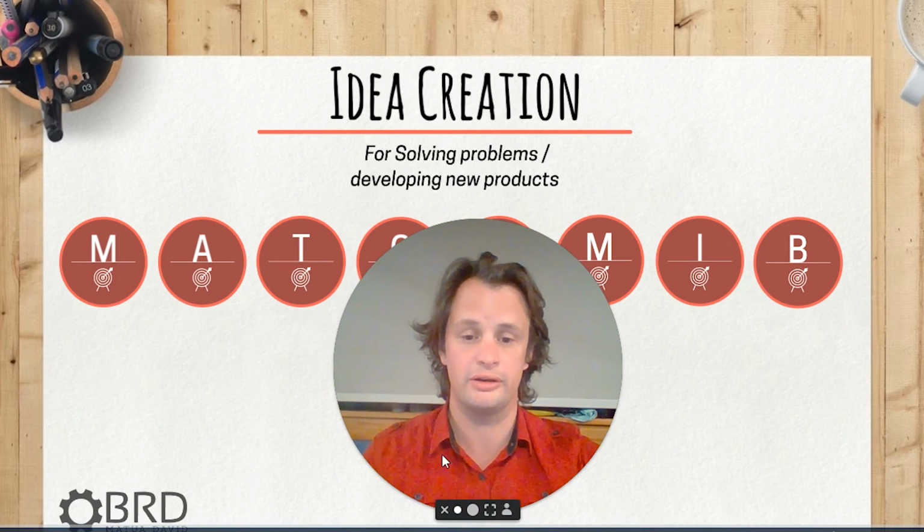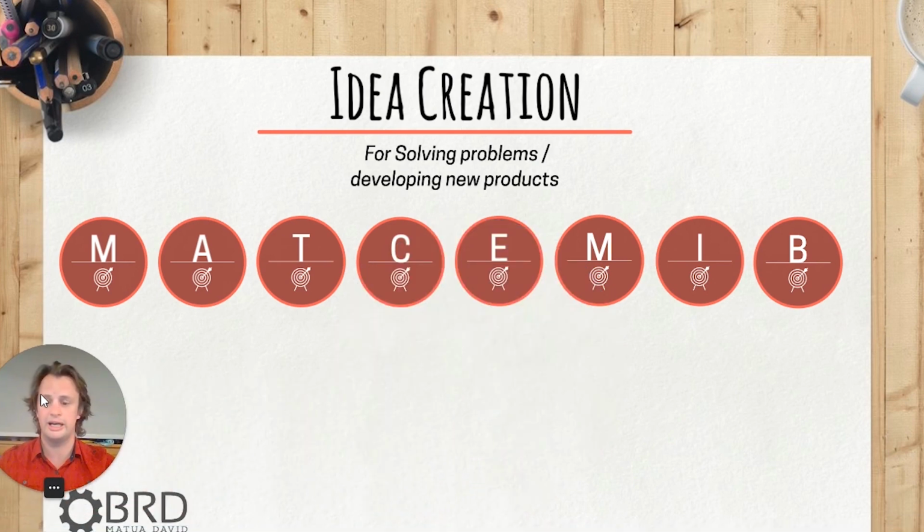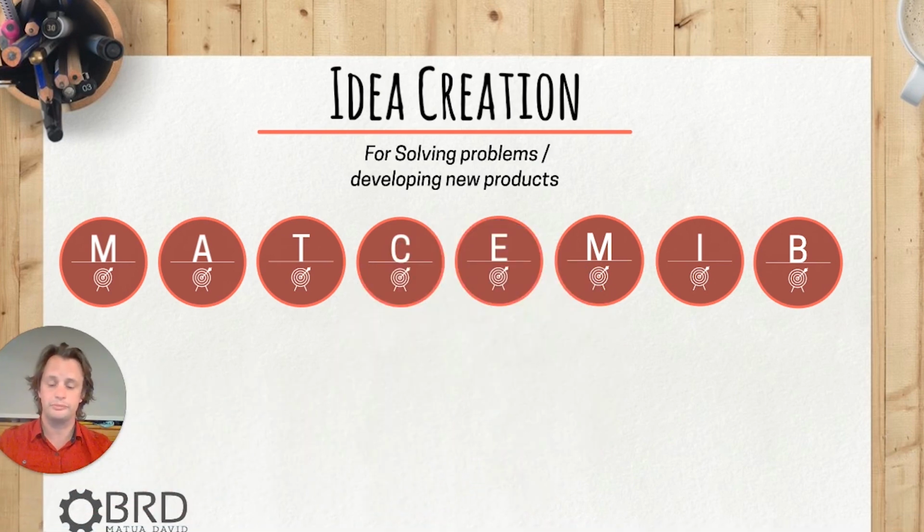I'm going to pop myself down in the corner here, and then we'll get into it. So how does this work? As we go through all of these different categories, I'd like to look at them with a particular problem in mind so that you can do the same when you're doing your task.